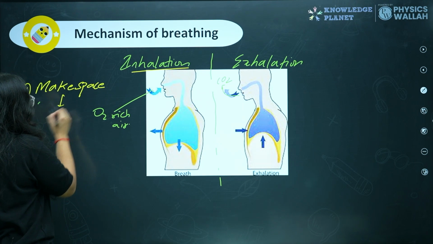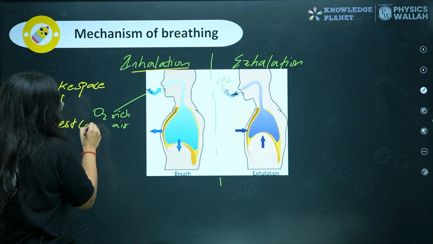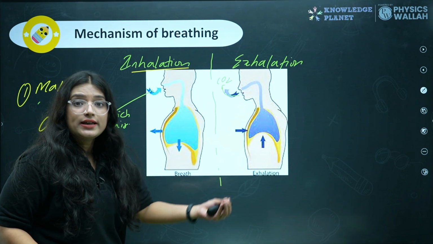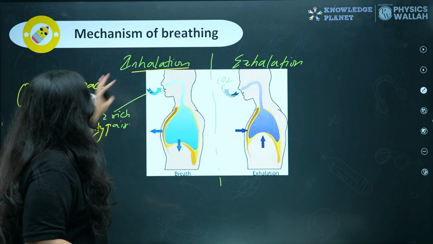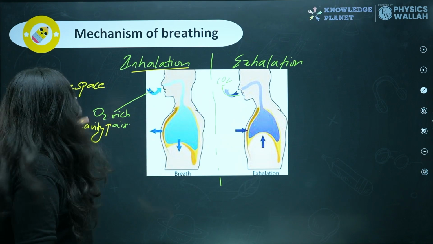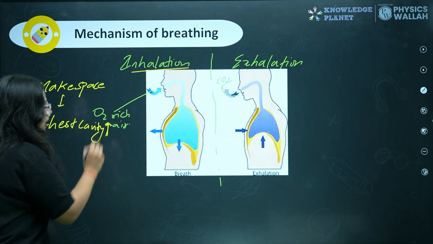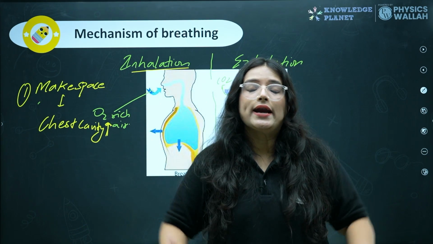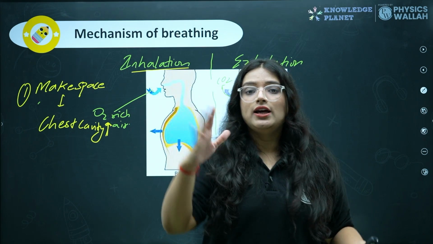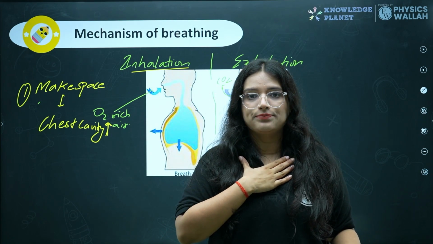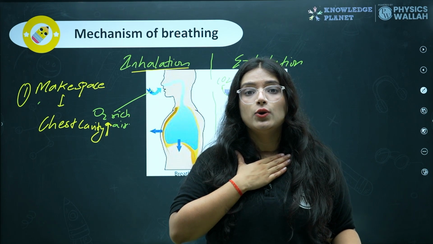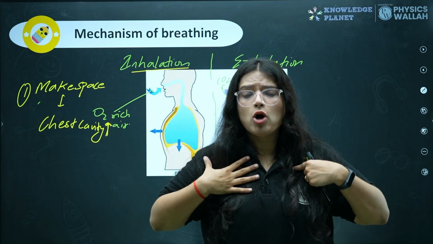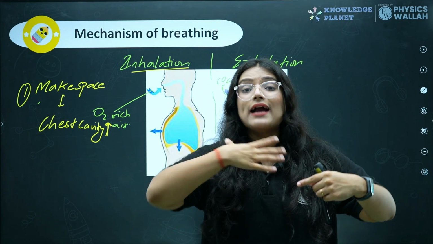To make that space, we have to increase the volume of the chest cavity so that the air can be accommodated. Now you guys just help me out, take the air inside your body. Just inhale, breathe in, and keep your hand on your chest. As you can see, when we inhale, your body moves upward and outwards.